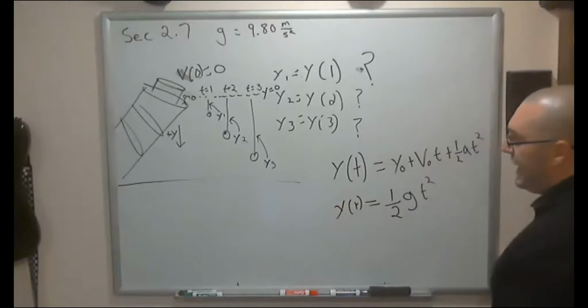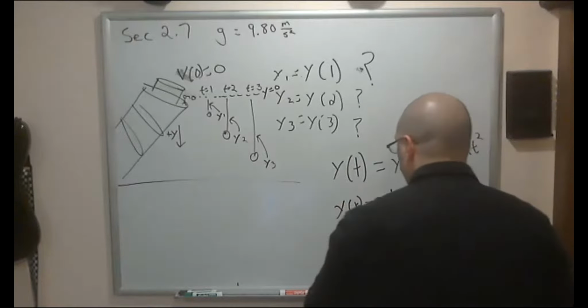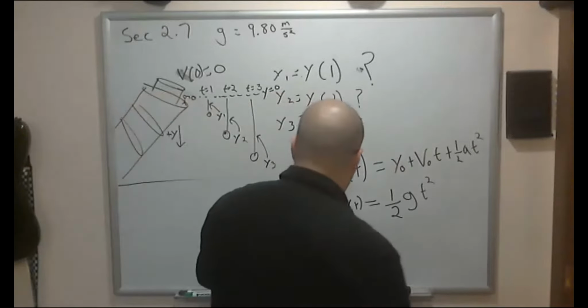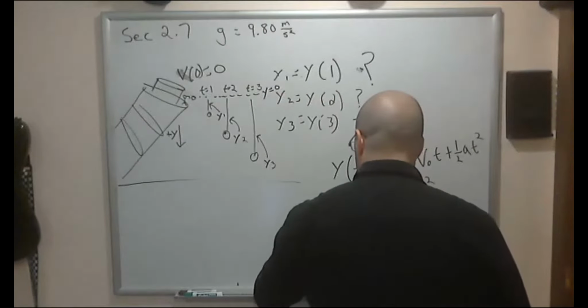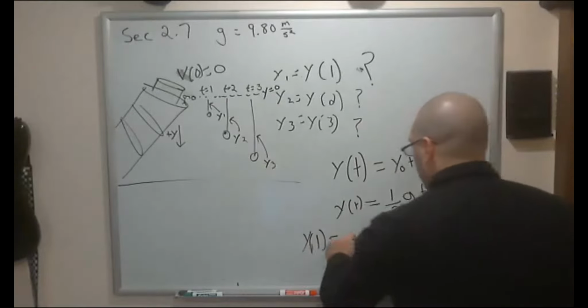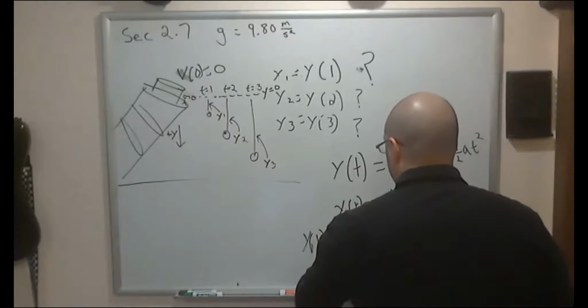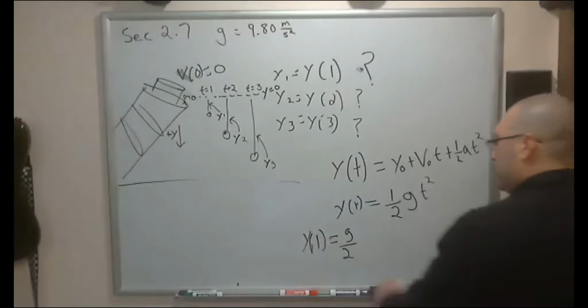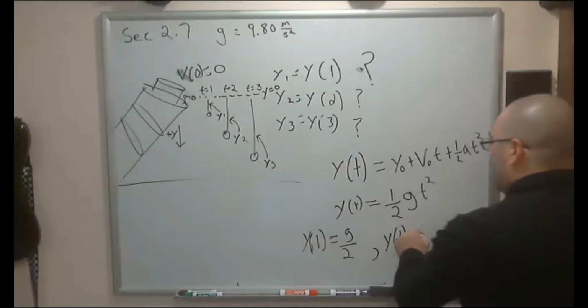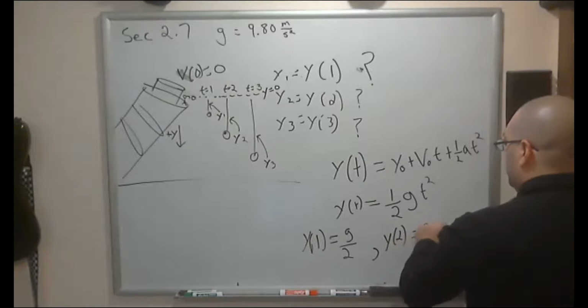So now let's plug it in. At y1, t is 1, so it moves 1/2 g. At y2, this is squared, so it moves 2g.